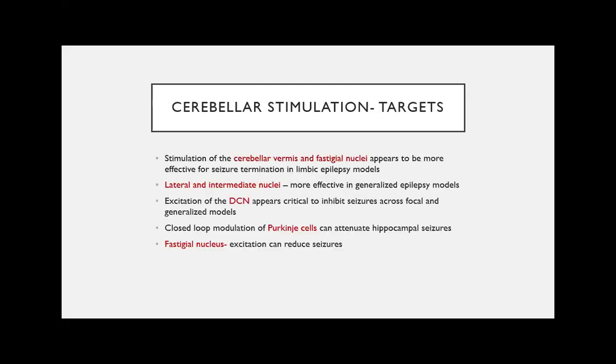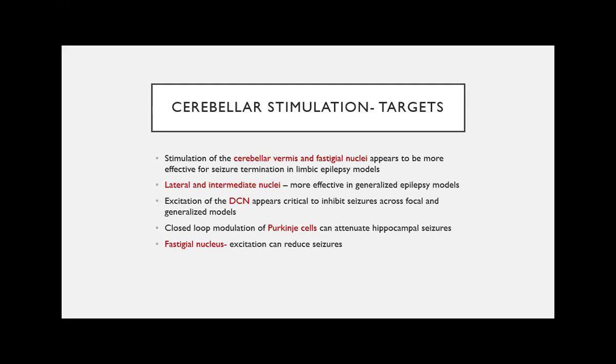Common targets studied include cerebellar vermis and fastigial nuclei, which in limbic epilepsy models were found to be effective. In generalized epilepsy models, stimulation of the lateral and intermediate nuclei was found to be effective. The excitation of deep cerebellar nuclei appeared to inhibit seizures across focal as well as generalized models.